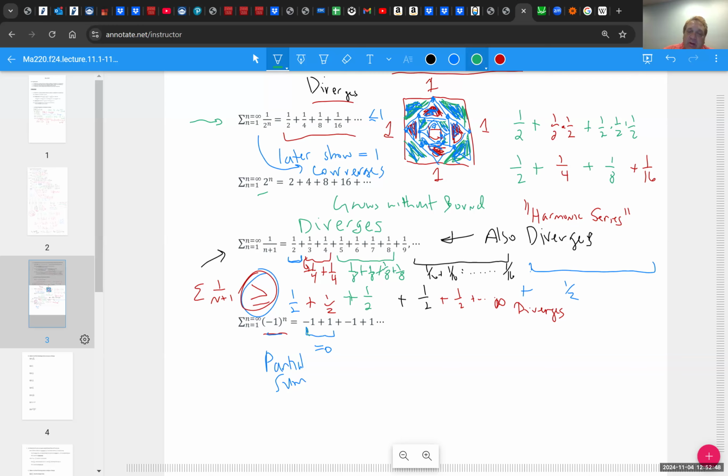The first three numbers summed together, if I start adding from left to right, -1 plus 1 plus -1 is equal to -1. If I take the first four numbers and add them together, -1 plus +1 plus -1 plus +1 is equal to 0. And you might already start seeing the pattern. If I took the first five numbers and added them together, they would equal -1.